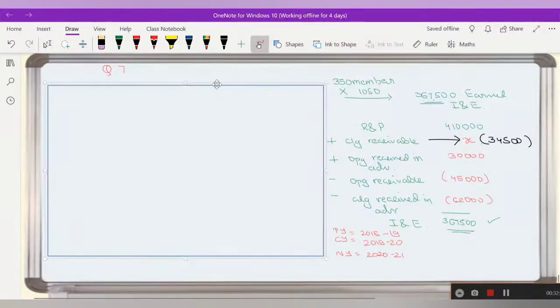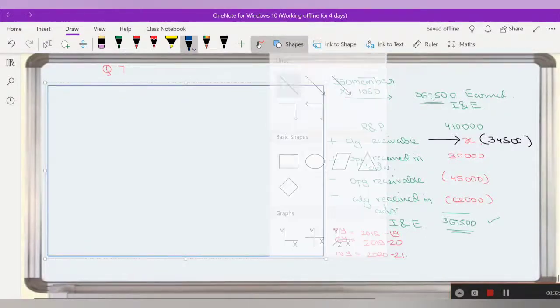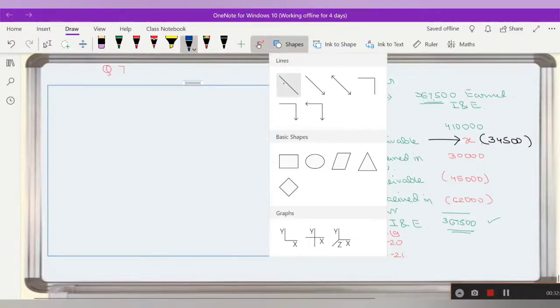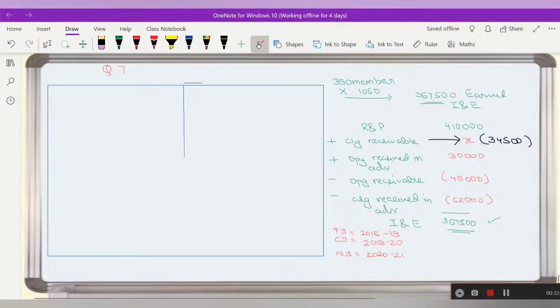Okay, next, see, now we will write here, this is my debit and credit now.